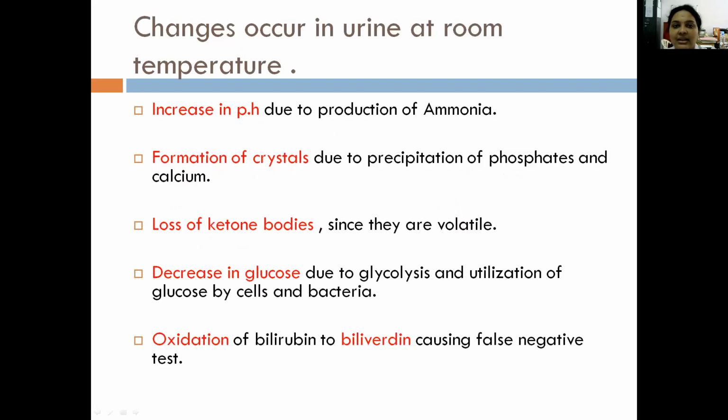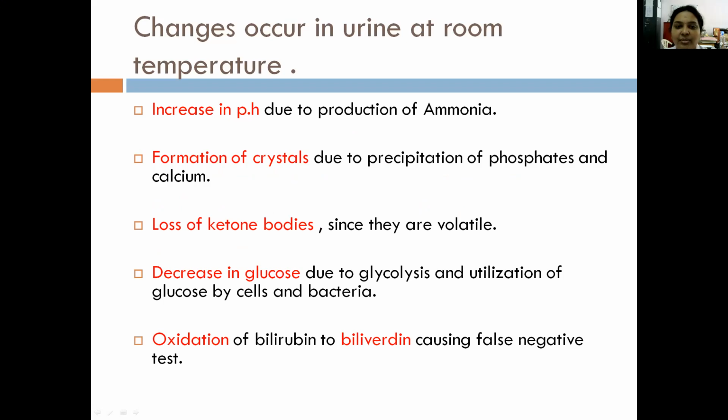The changes which occur in urine at room temperature are, first, an increase in pH, which is mainly due to production of ammonia. Then formation of crystals, which is due to precipitation of phosphates and calcium. Then loss of ketone bodies because they are volatile. Then decrease in glucose, which is mainly due to glycolysis and utilization of glucose by cells and bacteria.